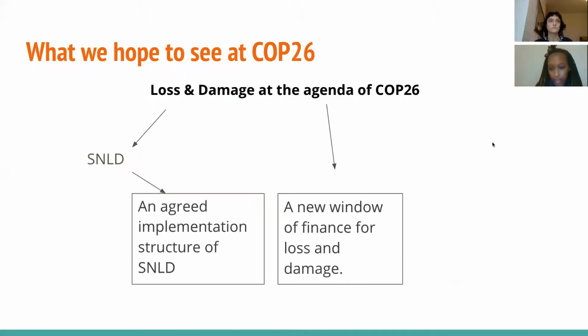Next slide. So what we hope to see at COP26 is the inclusion of loss and damage in the agenda, but also, as mentioned in one of the articles written by Dr. Salim, the first thing will be to develop a detailed implementation structure for the Santiago network.